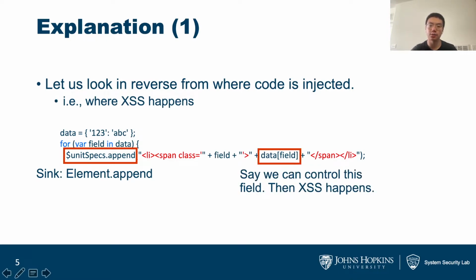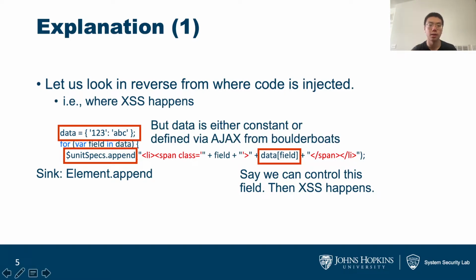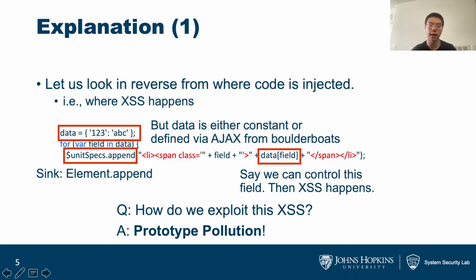Say that we can control this field, data[field], then cross-site scripting happens because what the append function is doing is it will append all of those codes into the DOM element. But the data object here is either constant or defined via AJAX from BorderBots. So how do we exploit this cross-site scripting? Namely, how can we take control of this data[field]? The answer is through prototype pollution.